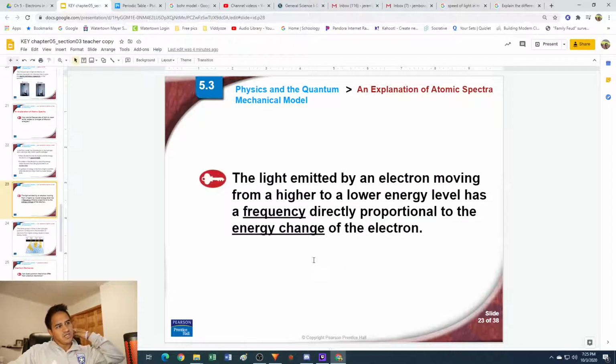This is how we can determine what elements are made out of what, as well as how much energy these electrons are absorbing, by looking at the frequency of the light that is given off, the wavelength, the color, and that can give us information.